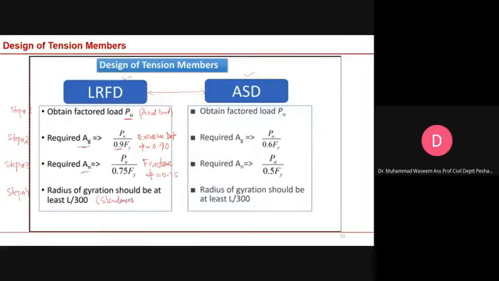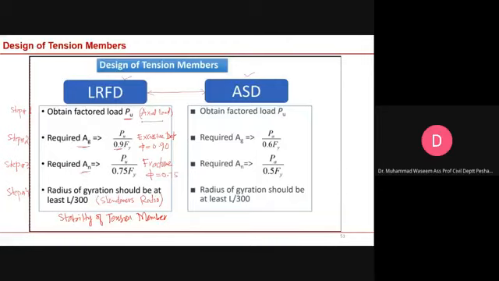In other words, you can also say that we check for the stability of the tension member.